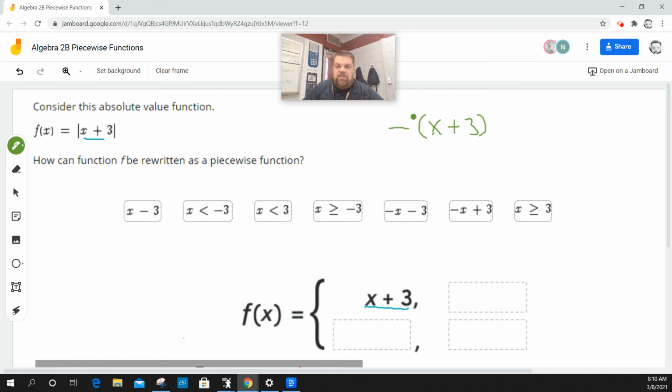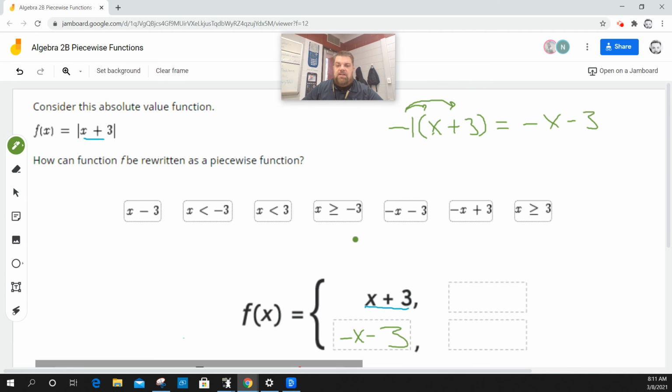But I'm going to think of this as being a -1, distribute it through the parentheses, and I get negative x minus 3. We'll verify this in a second. So down here we're going to plug in negative x, whoops, not plus, negative x minus 3. But now we have to set the boundaries.